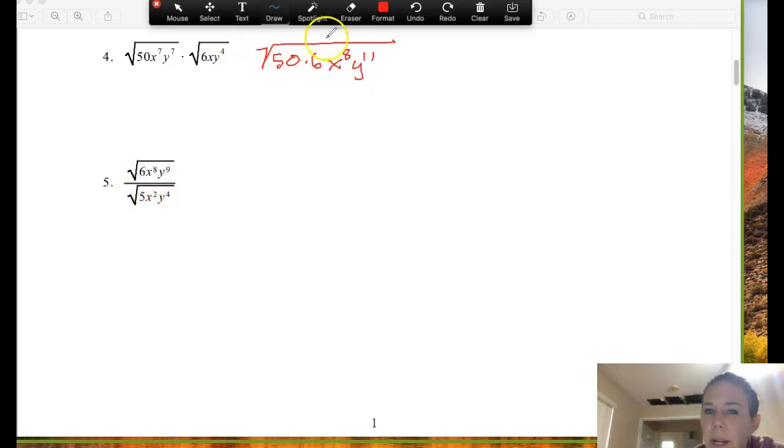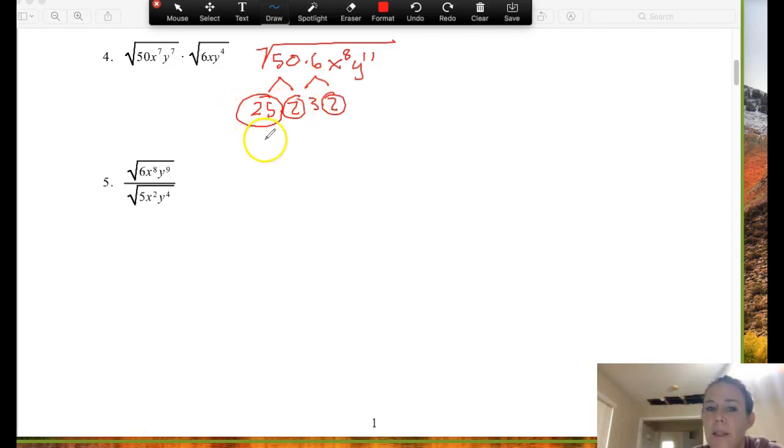Now let's go ahead and break out square roots. Well, 50 is not a perfect square, but I know that 50 is 25 times 2, which is a perfect square right here, 25. Now the 2 is left over, but 6 is not a perfect square. I know that's 3 times 2. Now I've got 2 2's that I can make a perfect square and a 3 left over.